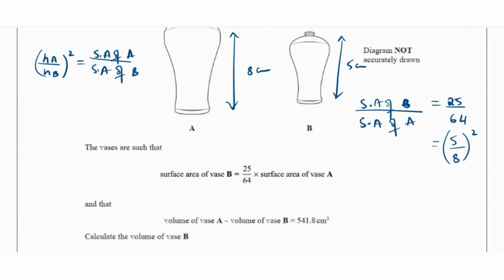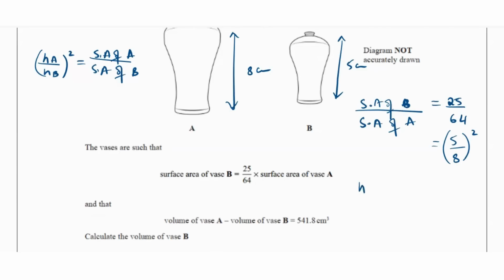So volume of vase A minus volume of vase B is 541.8. We have to find the volume of vase B. So what we can do next is create an equation for the volume.